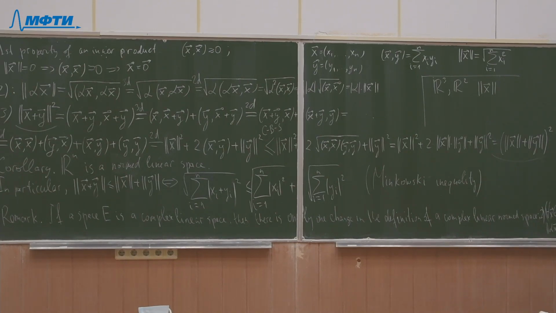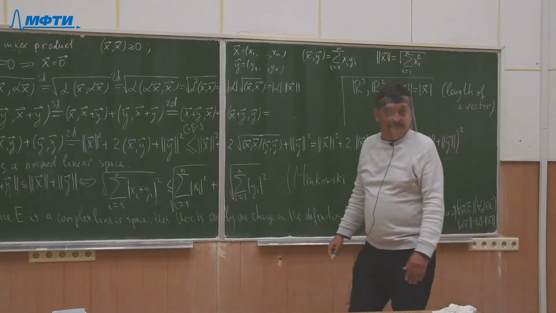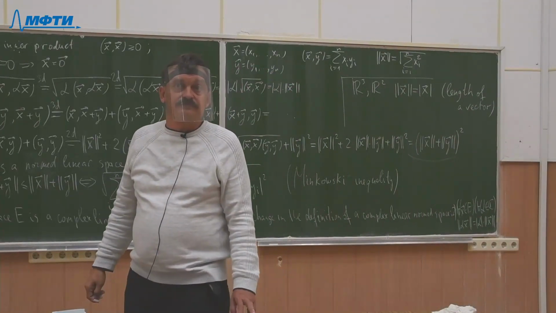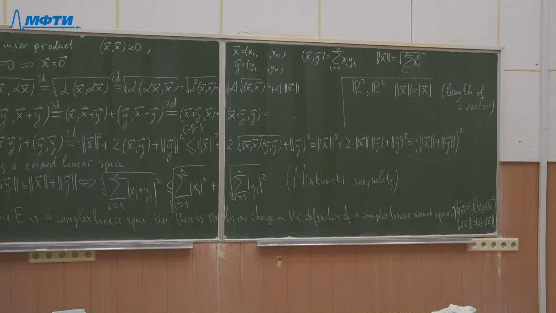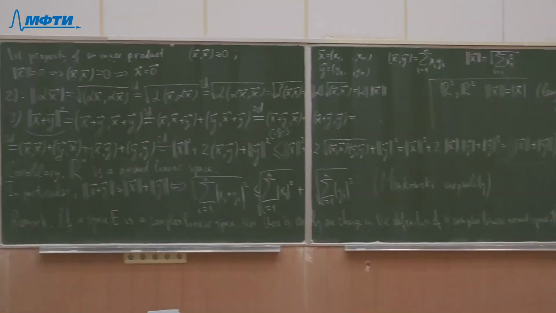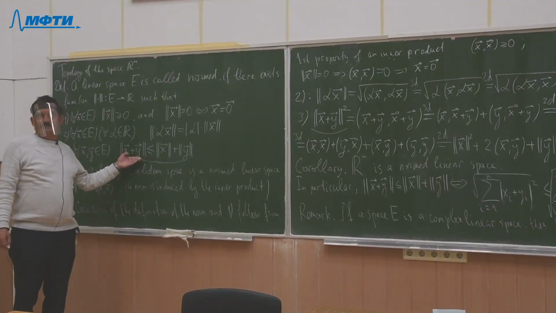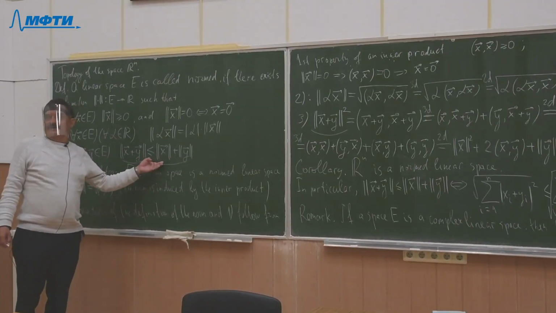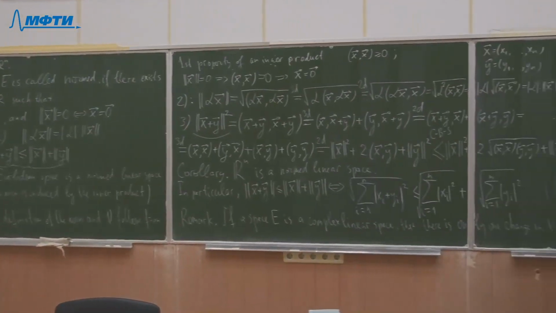That is precisely length of a vector, which you studied in school, right? And that is, you see, indeed, that is triangle inequality, right? One side of a triangle less or equal than the sum of two sides. So, familiar. That is why it is indeed triangle inequality.